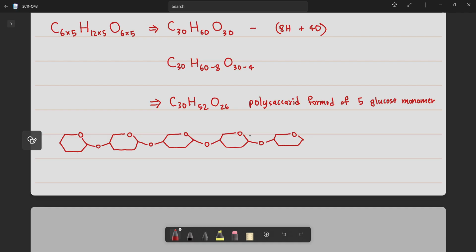So this is the structure of the polysaccharide that forms this formula C30H52 and O26. We have 5 glucose monomers over here, and 1, 2, 3, 4 glycosidic bonds that release 4 water molecules. So that's the structure of this polysaccharide.